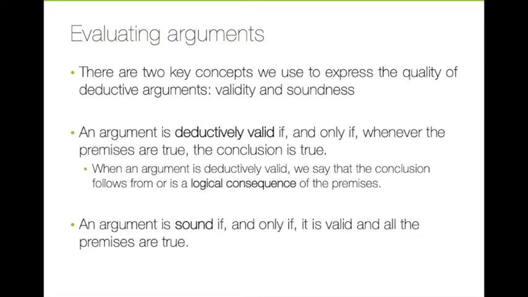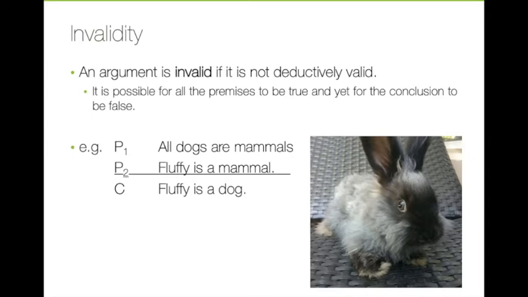Then in addition to validity, we also use the notion of soundness to evaluate deductive arguments. An argument is sound if and only if it is valid and all of the premises are true. So now we're going to take a moment to look at each of these concepts in a little more detail. First, validity has an opposite, invalidity, and it's important to be able to capture both.